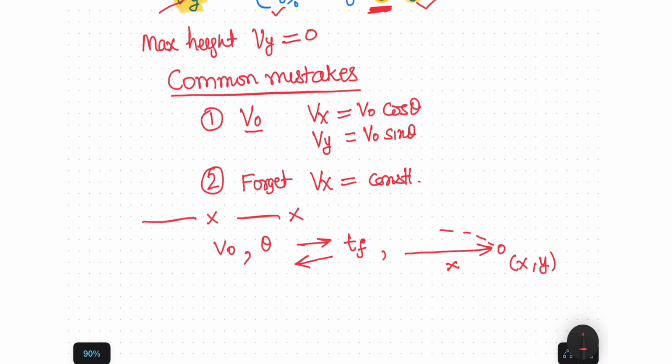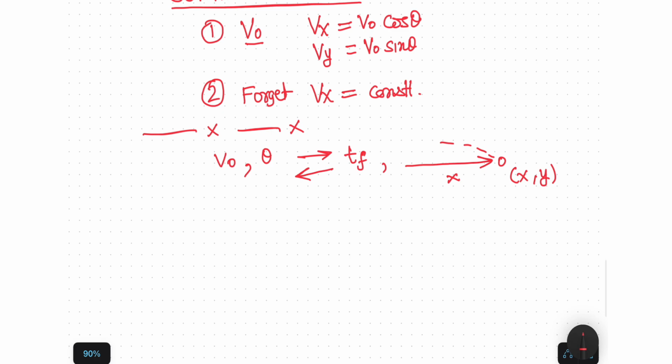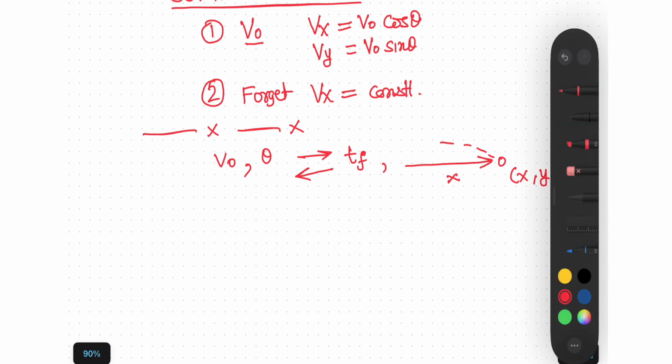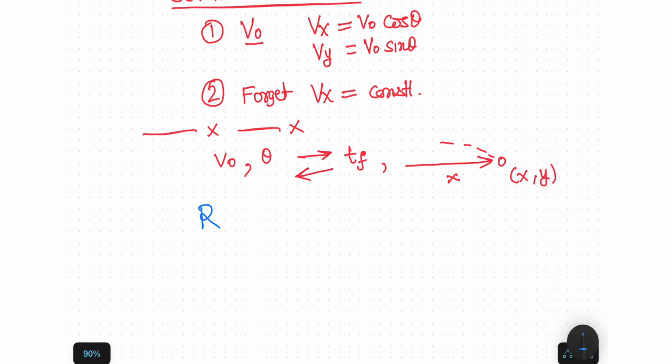Now let's see one more formula which is also important. For a normal projectile motion, we can find the range of flight, how far at maximum it will fly, given that we have the initial speed and the angle.